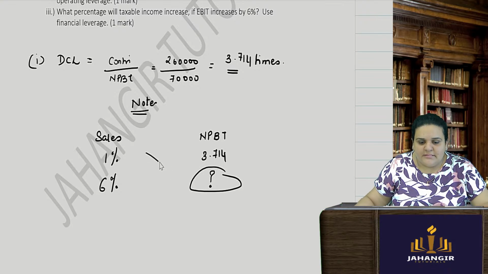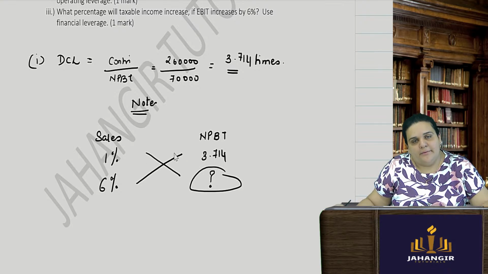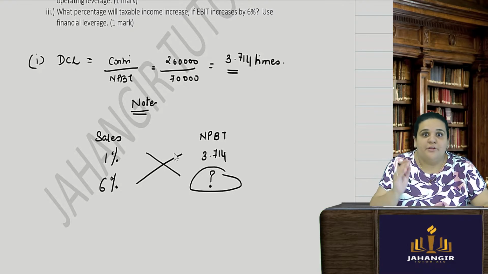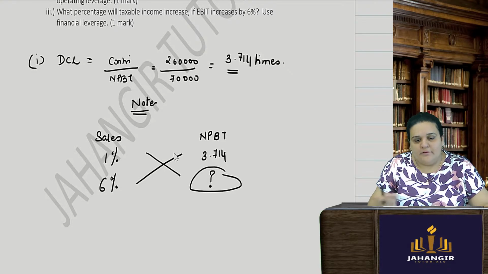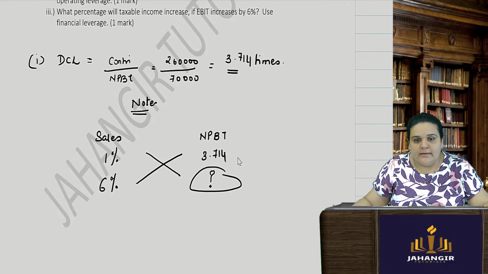So basically simple cross multiply. Just for your concept clearing, I'm giving you all this. Otherwise, we all know that to find this, we'll just do 6 into 3.714. When you do this, you will get an answer of 22.284%.